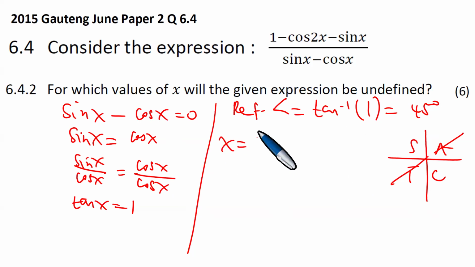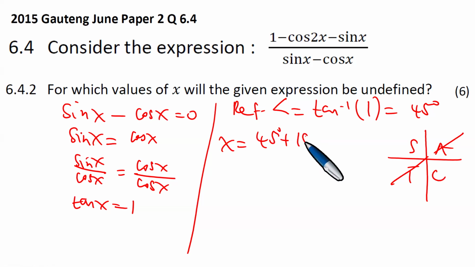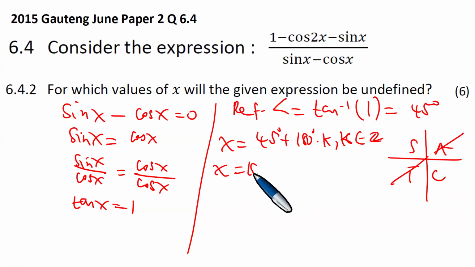So which means x is 45 degrees plus 180 degrees times k. Because the period of the tan is what? 180. Yes, 180 degrees times k.